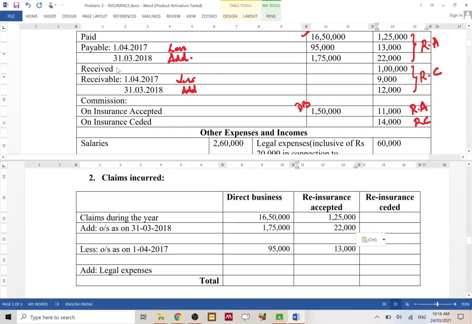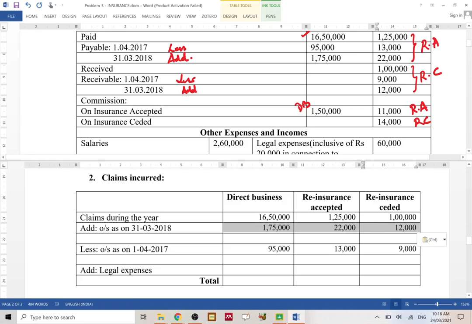Claim is received only when it is on reinsurance ceded. Current year's is 1 lakh. Last year's outstanding of claims receivable on reinsurance ceded are 9,000, and current year's outstanding are 12,000.